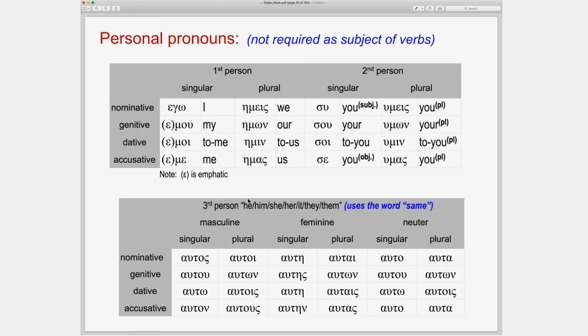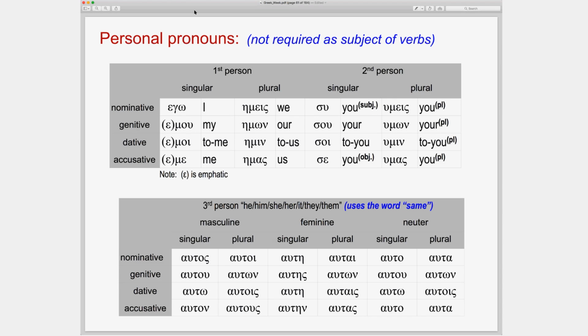Personal pronouns. Now, you don't need these. The reason you don't need them is because it's in the conjugation of the verb, as I will show later. But you can use them for emphasis. So personal pronouns can be used in that way.